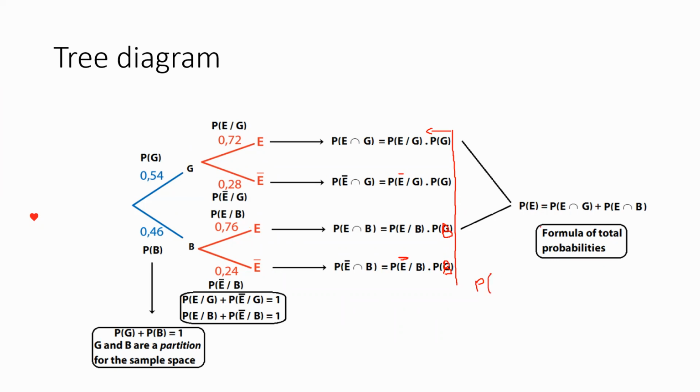This is probability E. To be external, probability E intersection G plus probability E intersection B equals probability G times the probability of E given G plus probability of boy times the probability of external given boy.